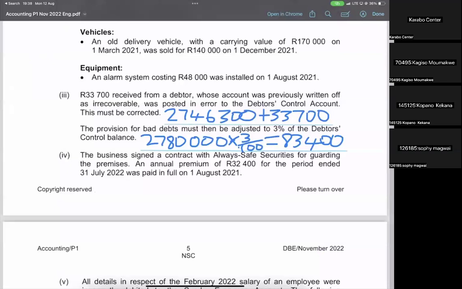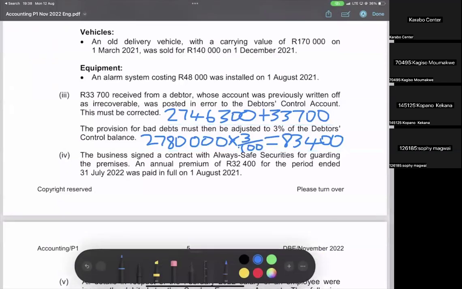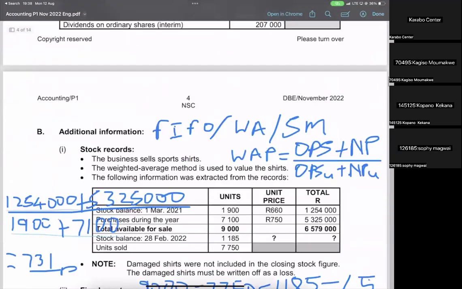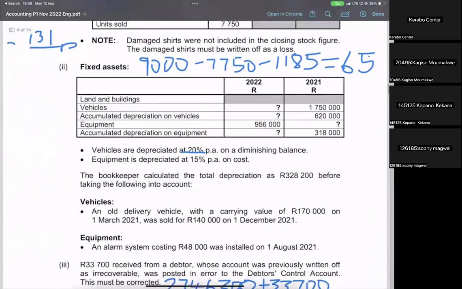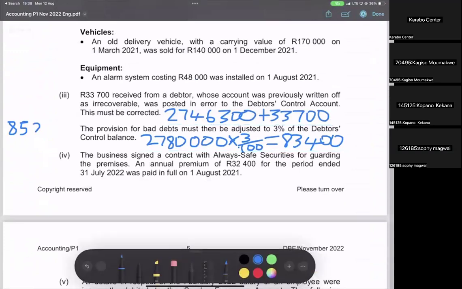Let's see how much we were going to record. We were going to say 85,840 minus 83,400, and we're going to get 2,440.